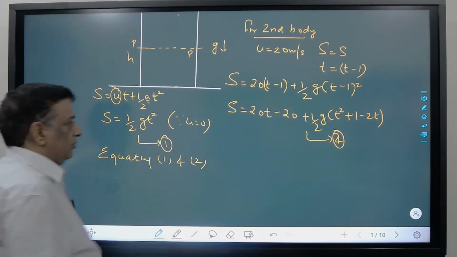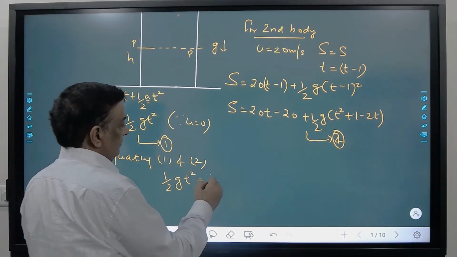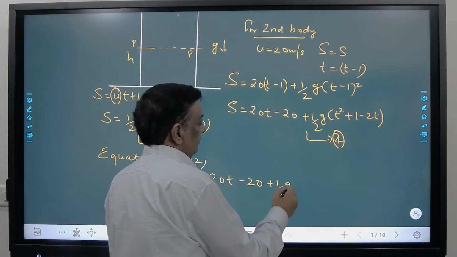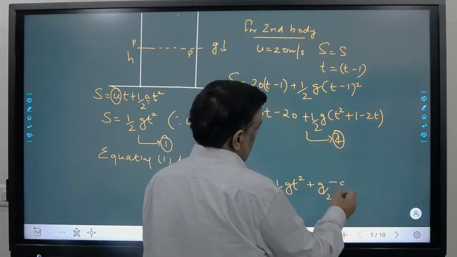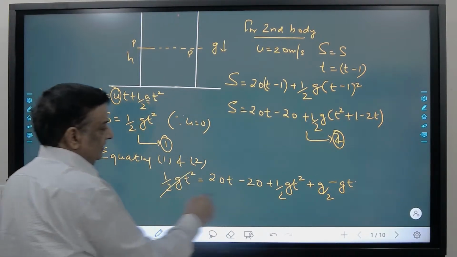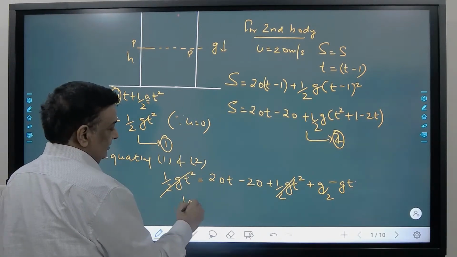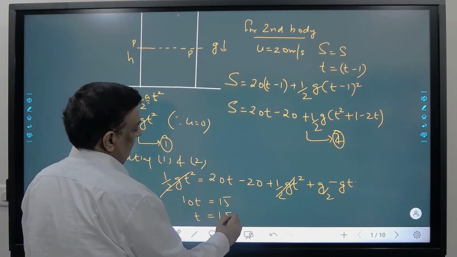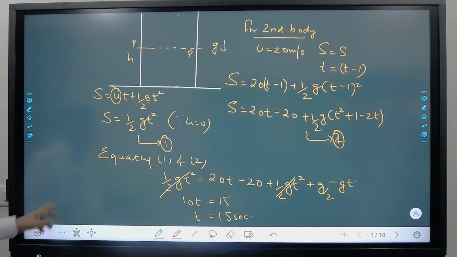If you equate 1 and 2, you get half g t square equal to the second expression, and if you substitute the value of g, half g t square gets cancelled. You get 20t minus gt, 10t is equals to 15. So after 1.5 second, the second body will overtake the first.